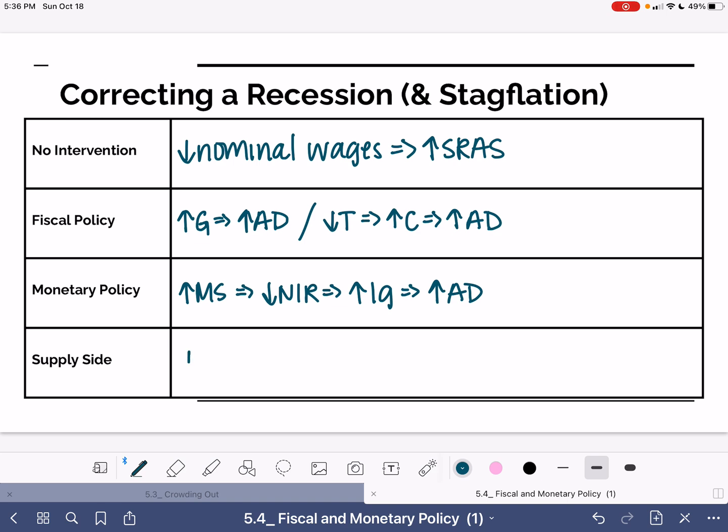So we want to increase production here to close the recession. So how do we do that? We want to decrease corporate taxes. We want to decrease government regulations. And then we want to increase subsidies. So that's how we correct a recessionary gap and a stagflation gap.